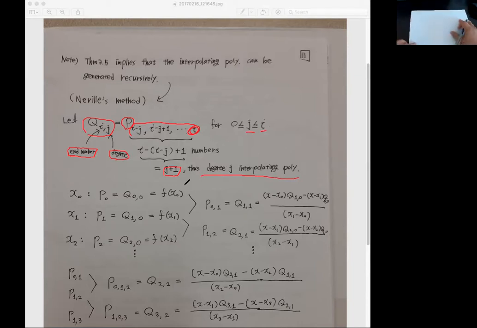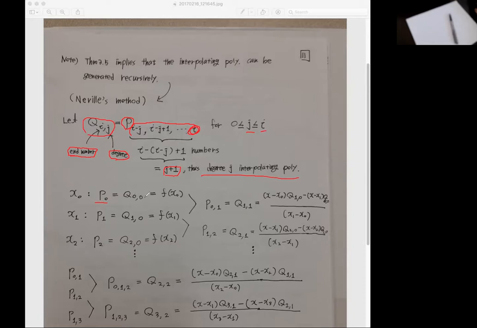Now, as you can see, first, we're going to start from the degree 0 Lagrange interpolating polynomial. So P0, what is this? P0 is the degree 0 Lagrange interpolating polynomial interpolating f at x0.